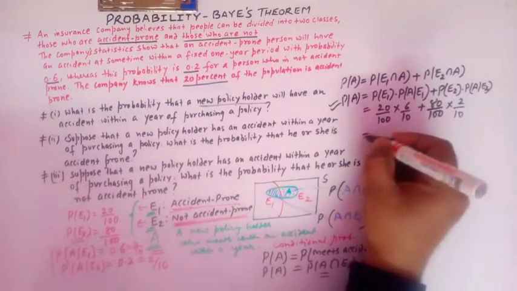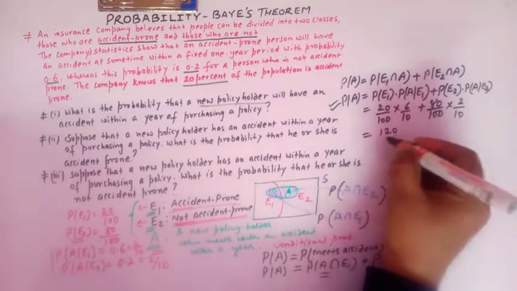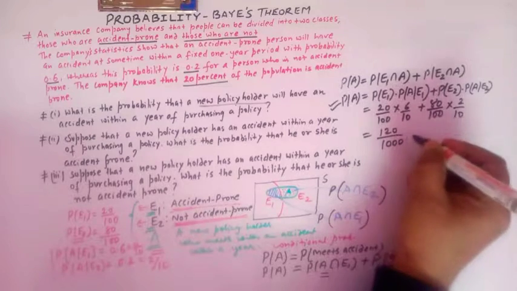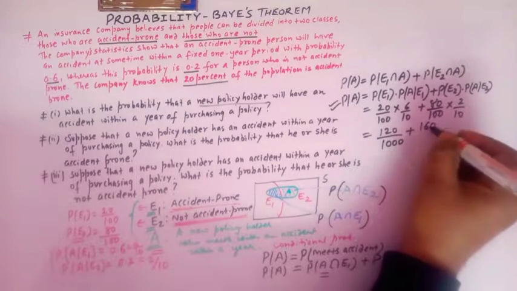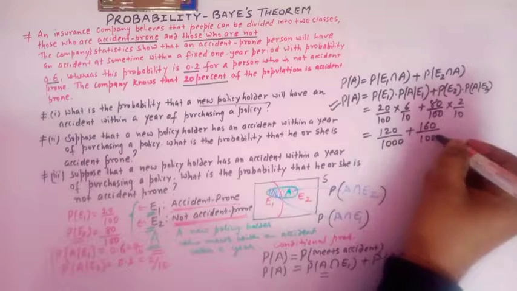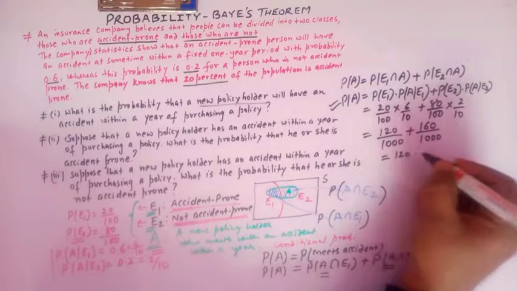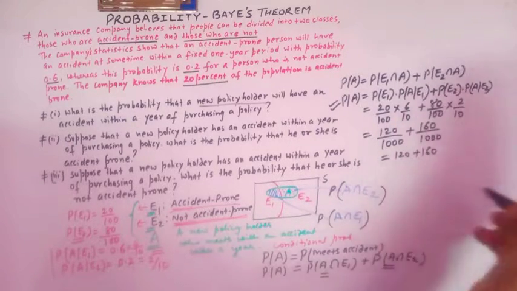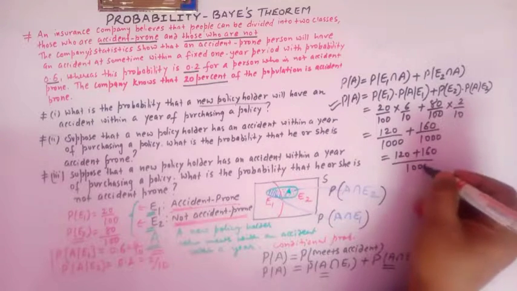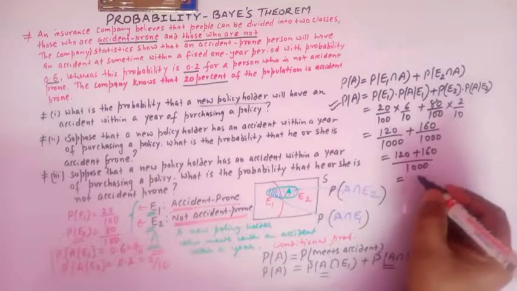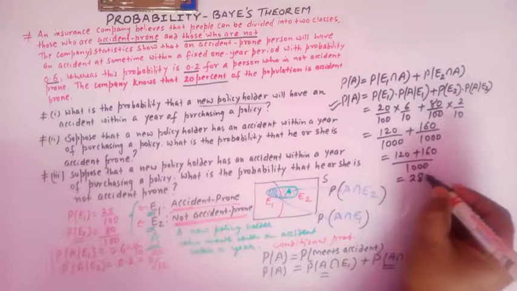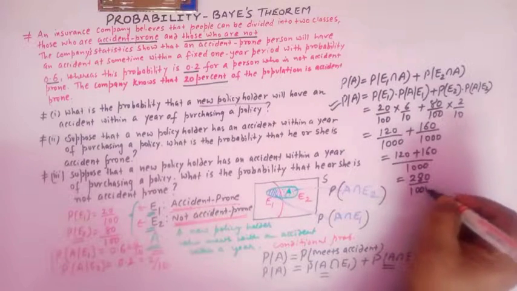This is 120 over 1000, and this is 160 over 1000, and the sum is 120 plus 160 over 1000, that is 280 over 1000.